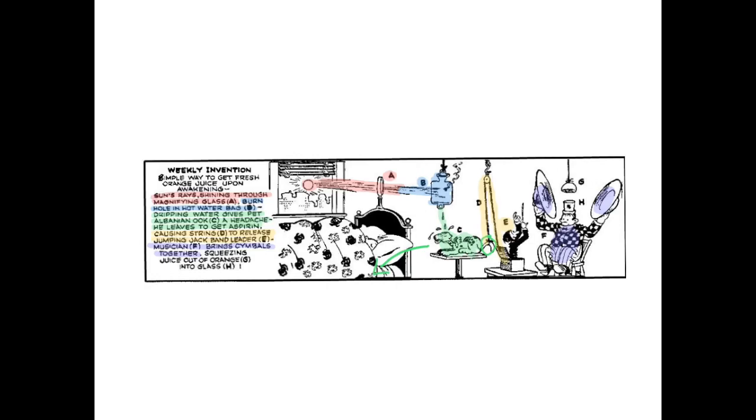Because what happens is that results in squeezing juice out of the orange, G, into glass, H. And there's that glass, H. So you can see here how the explanation text and the image work together to help us understand what's going on.